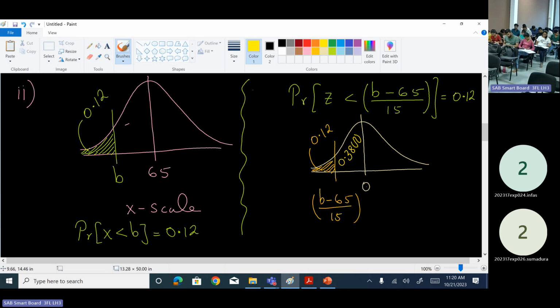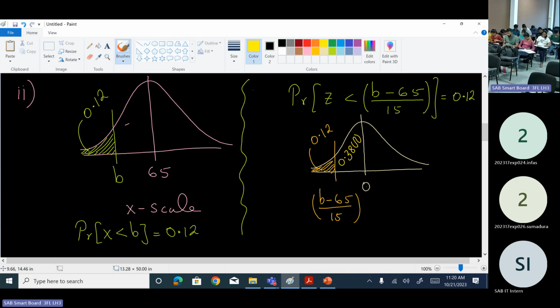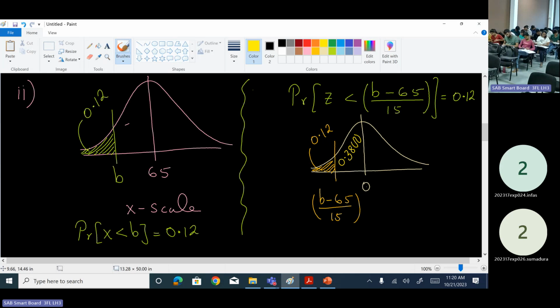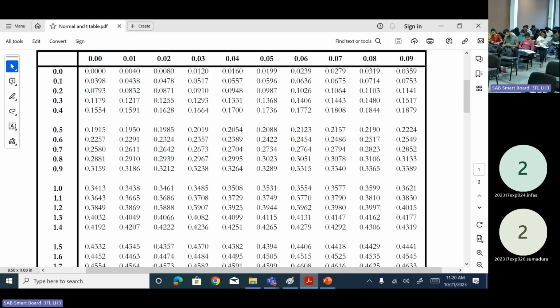In the middle part of the table, where do we get 0.3800? We see 0.3790 and 0.3810. 0.3800 is not there, so we go for the closest value.